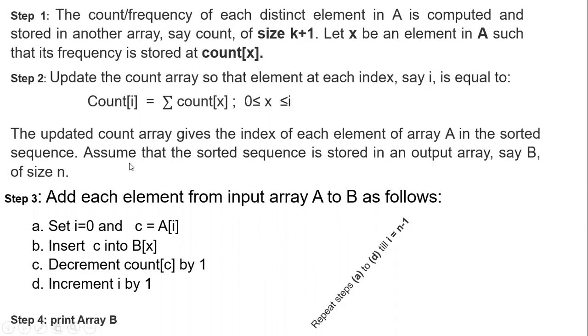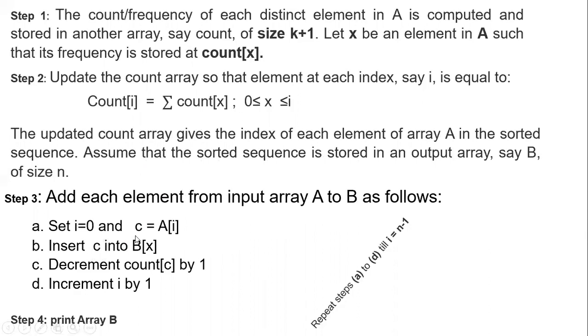Suppose that the sorted sequence is stored in another array, say B of size n. Now we scan the input array and place each element in the proper position. Add each element from input array A to B as follows. We set i to 0, x equals A sub i.